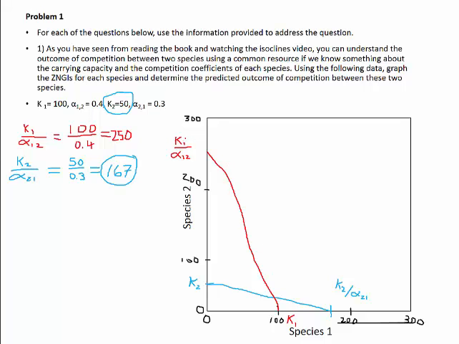If you look up here at the fraction K1 divided by alpha 12, notice that the number 1 is close to the K. Well, the number 1 should always be close to the alpha. In other words, your fraction that involves K1 should always be alpha 12 and not alpha 21. Just little tricks like that can help you keep straight which fraction is which.